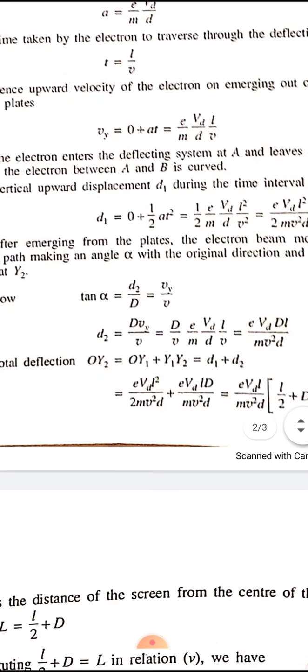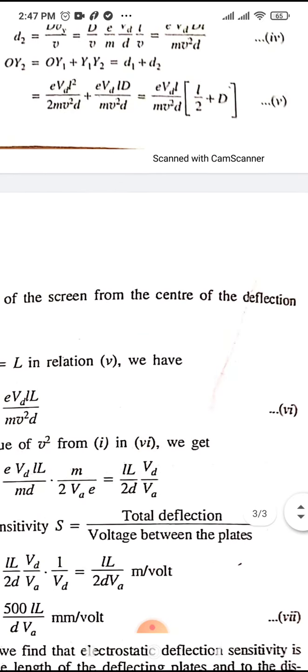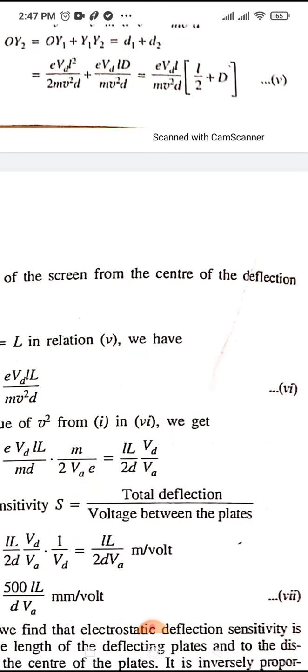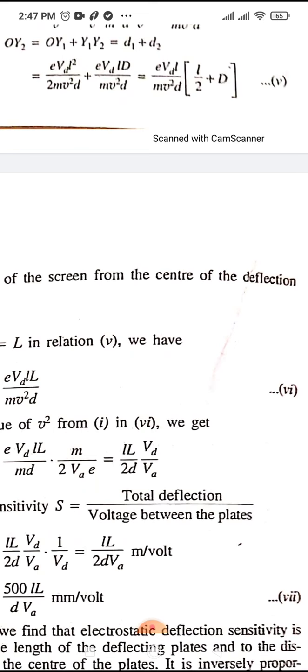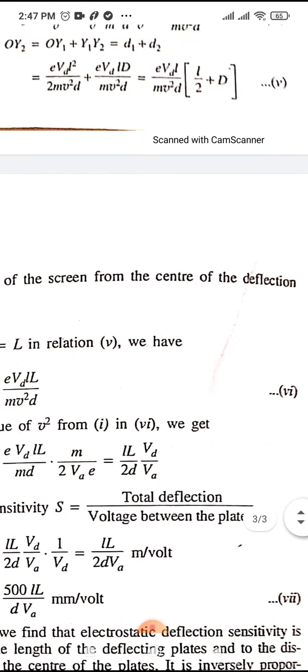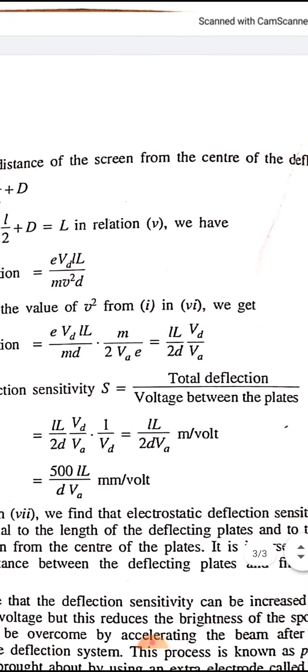So I have added both expressions and the final result comes out to e Ed l upon m v square d multiplied by l by 2 plus D. If capital L is the distance of screen from the center of deflection plate, then capital L is equal to l by 2 plus capital D. Therefore, in this total deflection expression, l by 2 plus capital D is equal to capital L. So the expression for total deflection is marked by equation number 6.